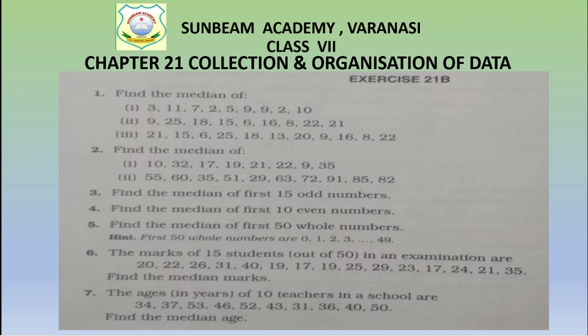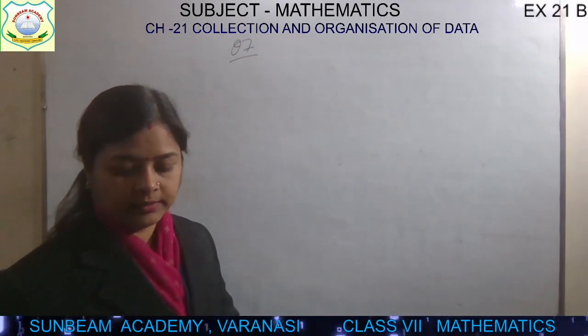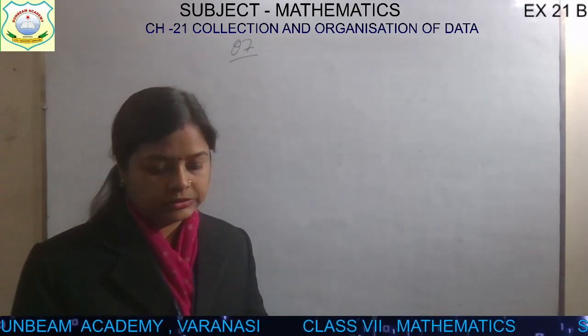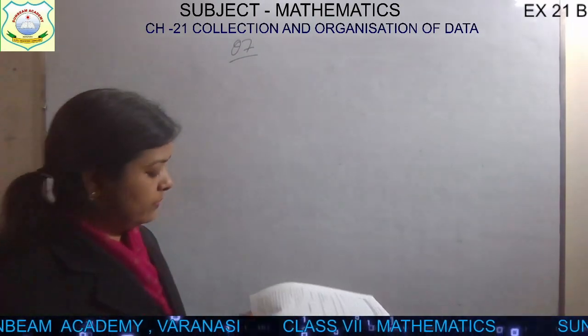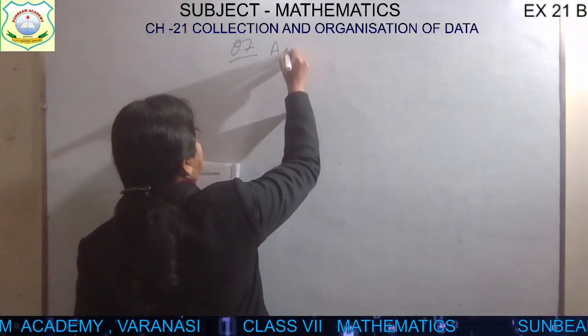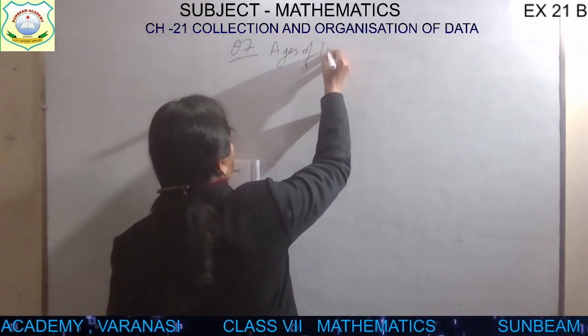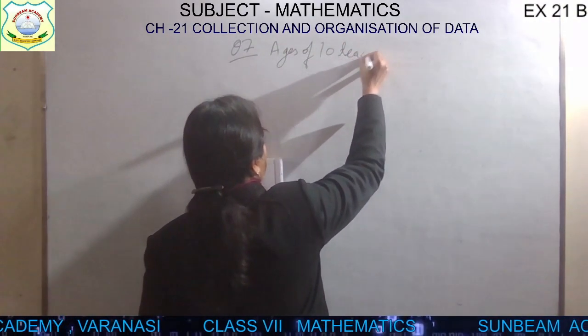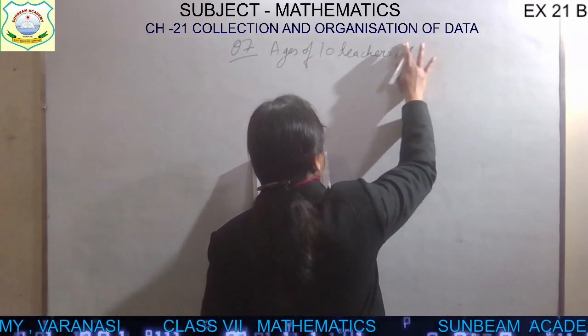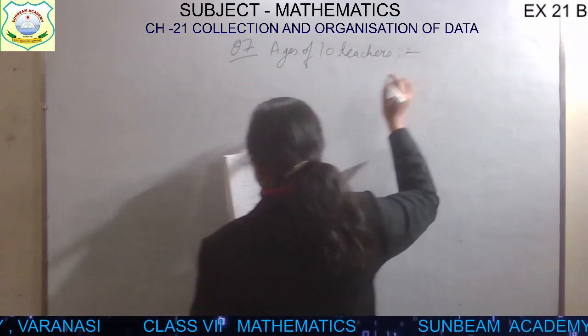Okay, now see here, question number 7. The ages of 10 teachers in a school are. So we will write down the ages of 10 teachers, children, in a school. You can write in this way only.